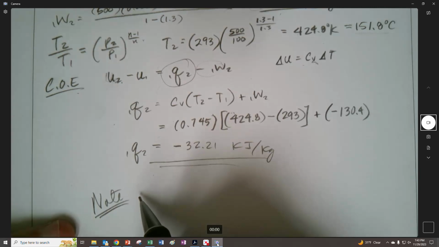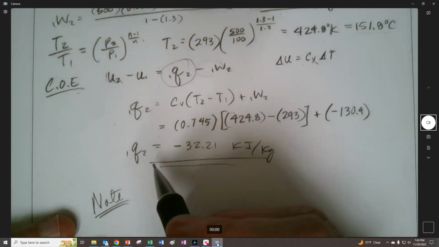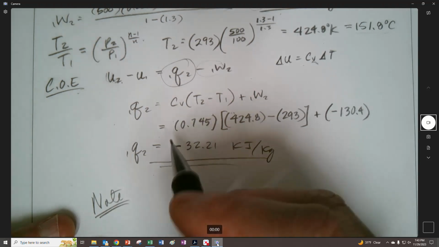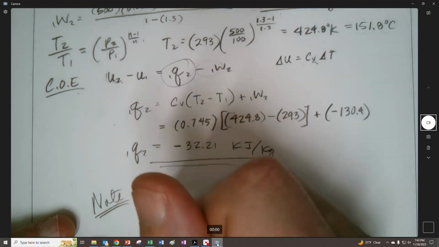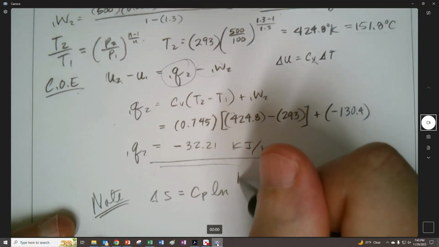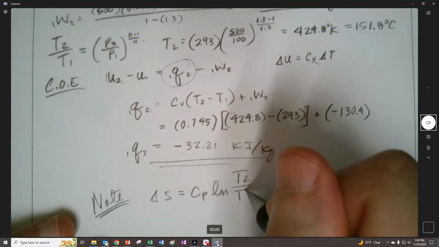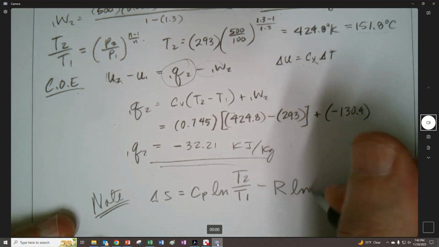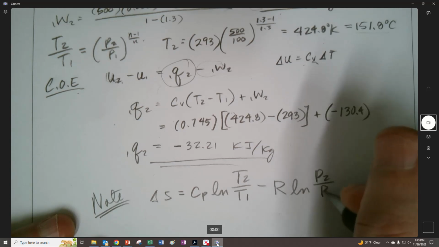If we continue on with the assumption of constant specific heat, recall that delta S is equal to Cp natural log of T2 over T1 minus R ln P2 over P1.